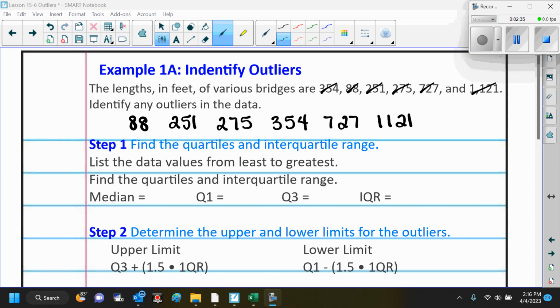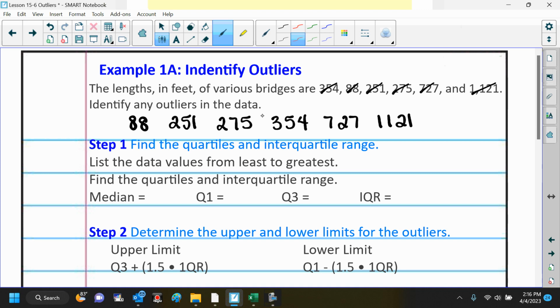In order to get the quartiles, so that we can calculate the interquartile range, we need to first find the median. So here we have 1, 2, 3, 4, 5, 6 numbers. That means that the median is in between those two numbers.